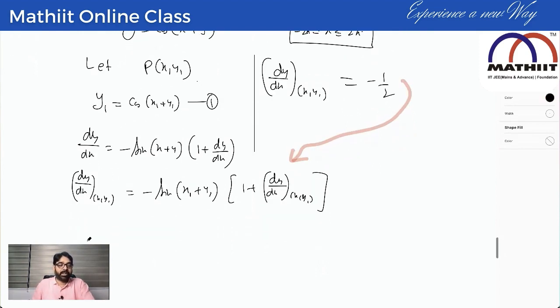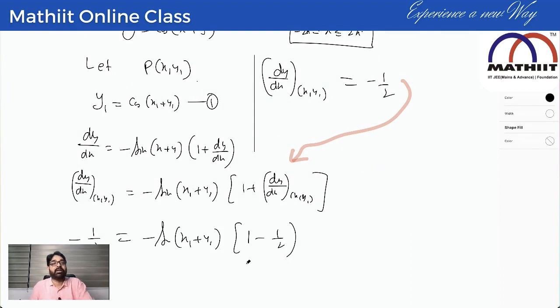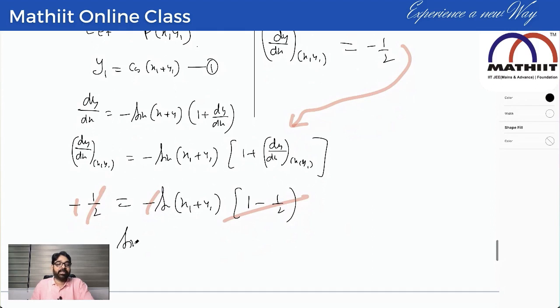So -1/2 is equal to minus sine of (x1 plus y1) into (1 minus 1/2). Yes or no? 1 minus 1/2 is 1/2, so that will get cancelled with this, and this minus will get cancelled with this. So our second piece of information is ready.